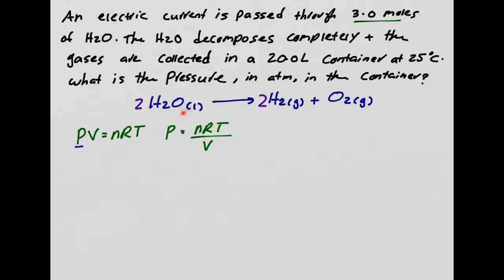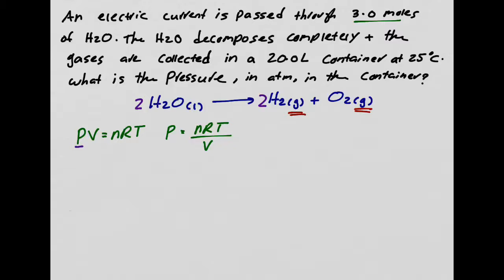H2O is liquid. What I'm looking for are the gases, the H2 gas and O2 gas. But I'm giving you the moles of H2O liquid, and I'm asking you for gases.